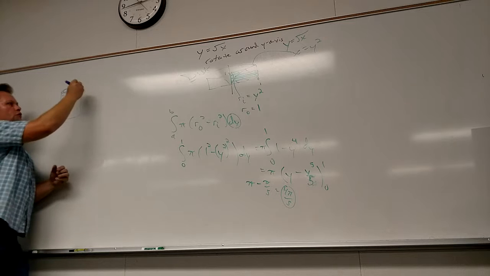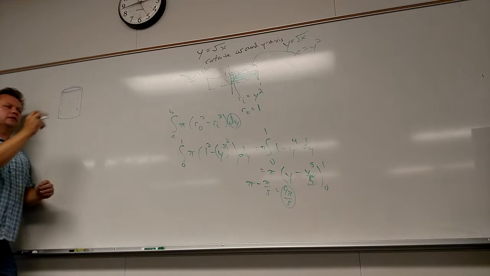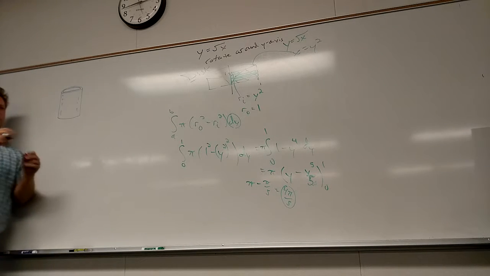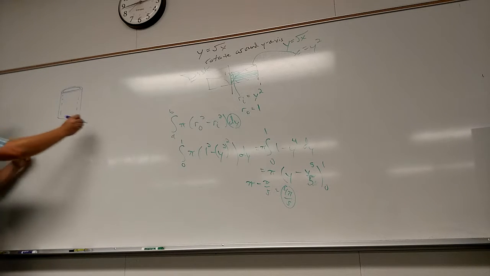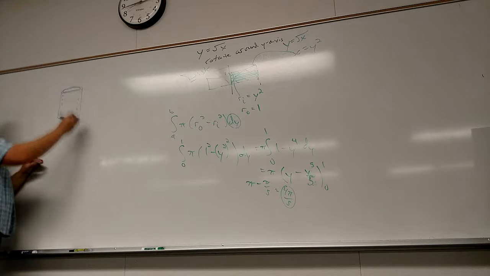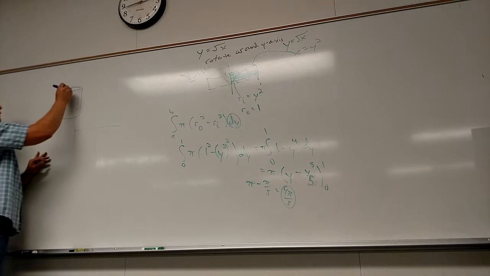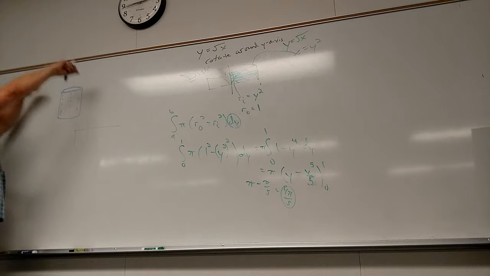I'm not sure if this came up in this class, I can't remember, but if you take the label of a Campbell soup can off, or your favorite can, and you open it up, you've just created what shape? Rectangle. And of course, if I cut this down and I open it, boom, there it is.